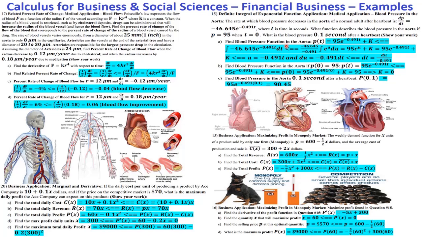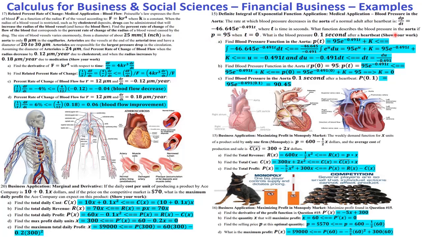Basically, the rate of pressure with respect to time to the heart is given by minus 46.645 e to the minus 0.491t, where t is time in seconds. Then when the heart is at rest at time equals 0, p is 95.